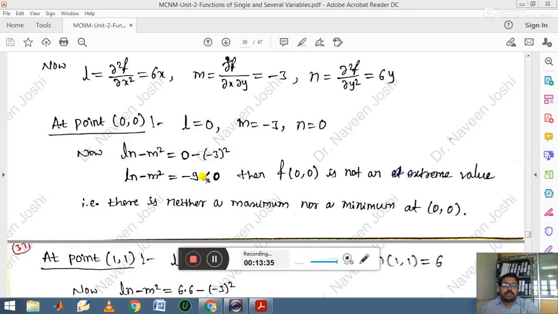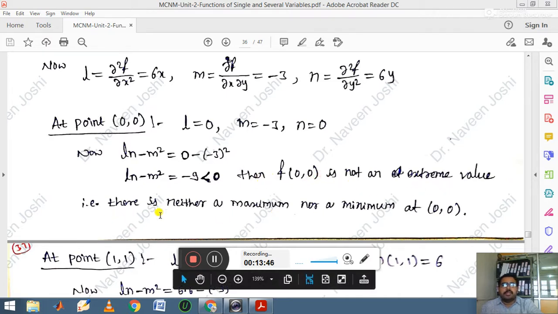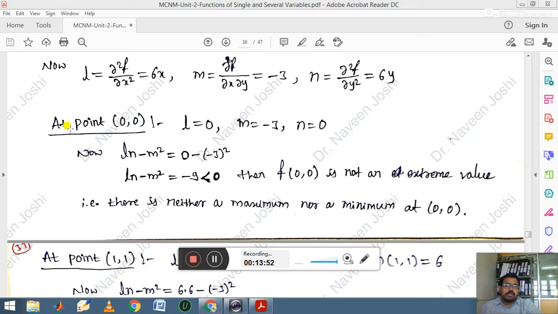Then you remember the 4 cases. When ln minus m square is negative, you need not check the L value. So f of 0 comma 0 is not an extreme value, hence there is neither a maximum nor a minimum at 0 comma 0. It means you got the third condition, because you got ln minus m square value negative.